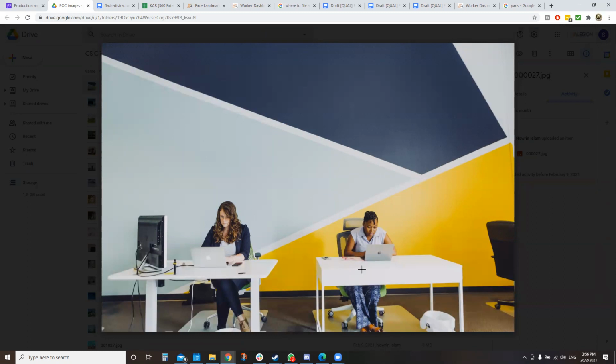Is this chair important for us to explain this? No, we can remove. Is this garbage bin important to explain these people? No, we can remove that also. Even her bag, we can remove.